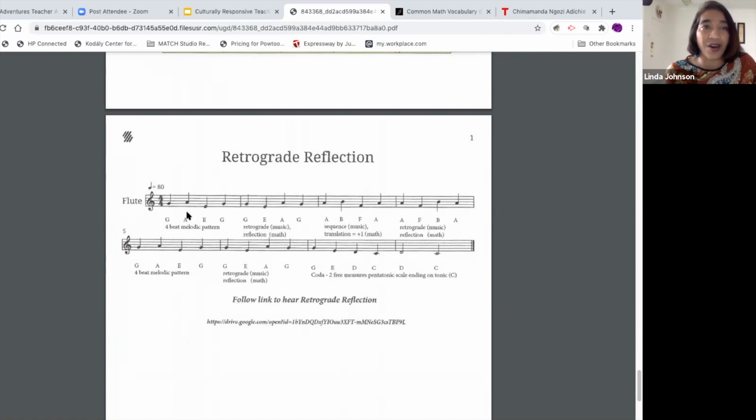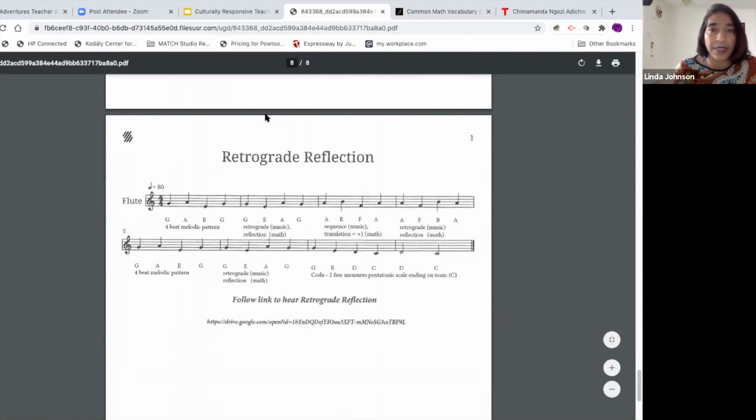This 8-measure song is going to come from following directions in math, but you're going to put it on the staff. So retrograde in music, reflection in math. And if you can see, if I took those 2 measures, I'm going to see if I can do this here.